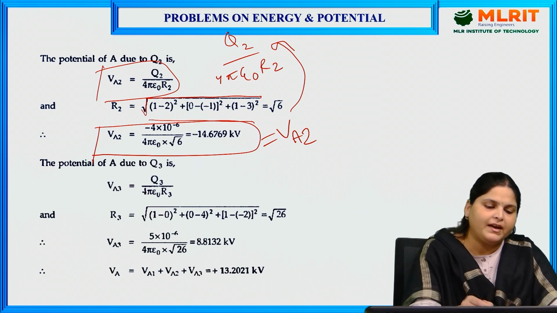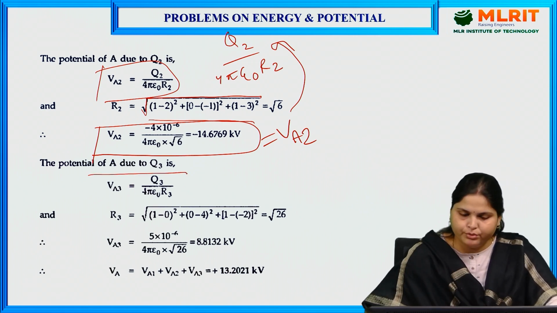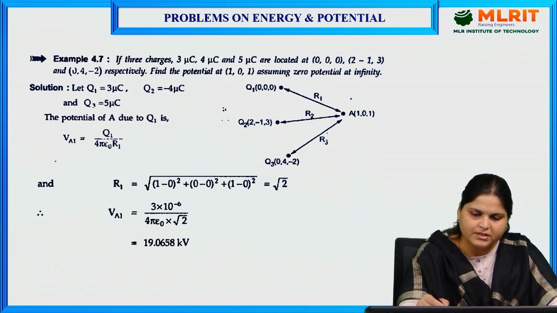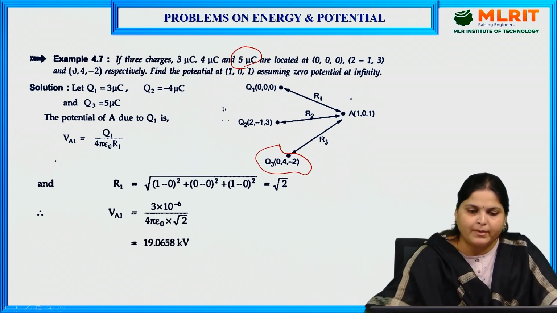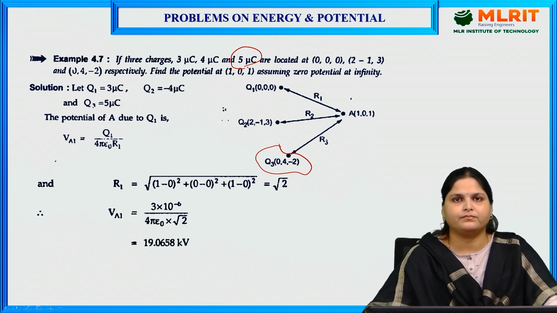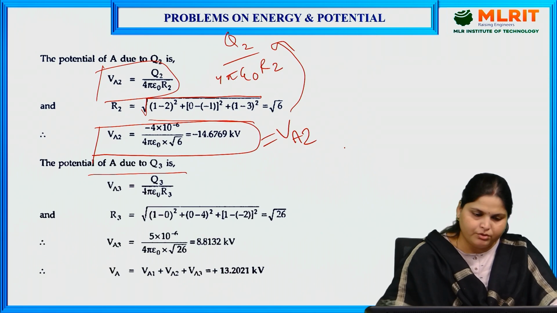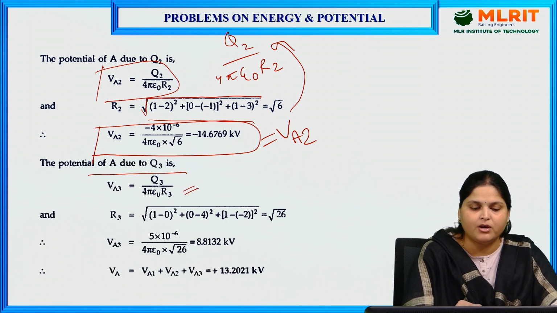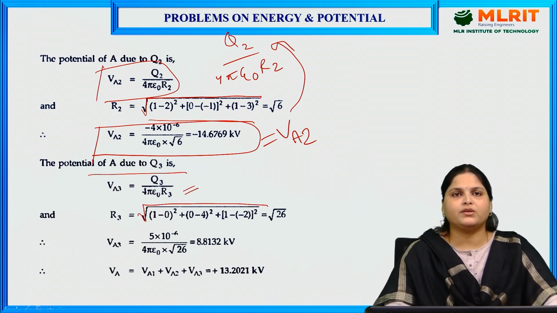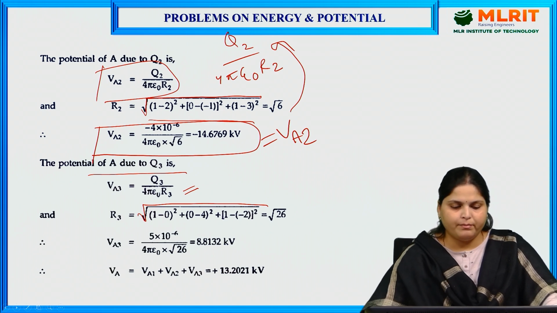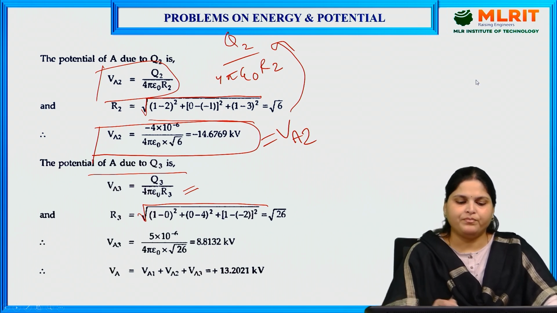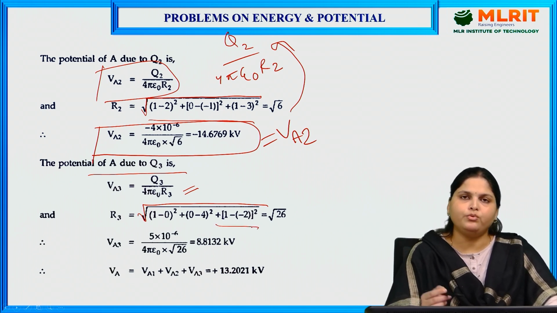Next, we are finding the potential at A due to Q3. This is Q3 and the value of Q3 is given as 5 microcoulomb. And this is R3. We need to find R3 as per the formula, which we can obtain as the square root of (1 minus 0) square plus (0 minus 4) square plus (1 minus minus 2) whole square.